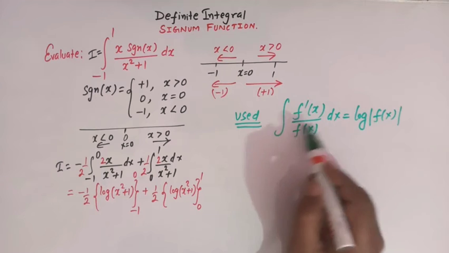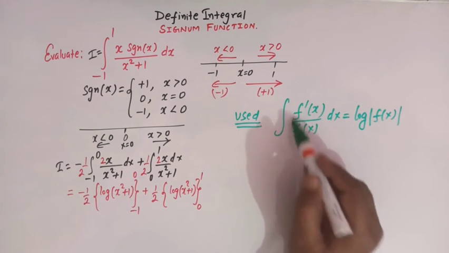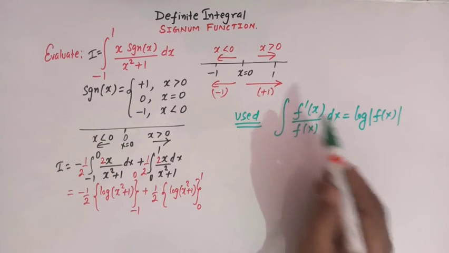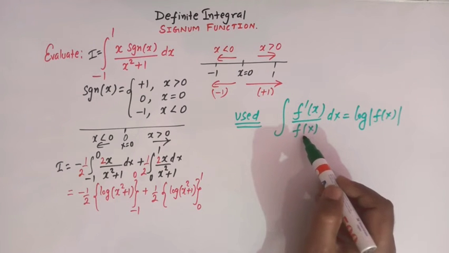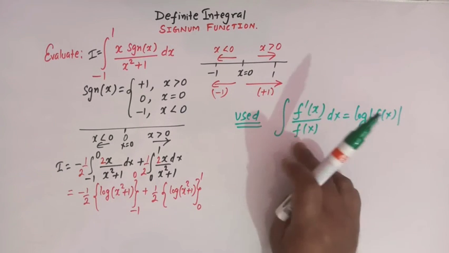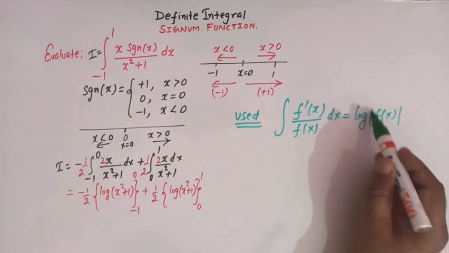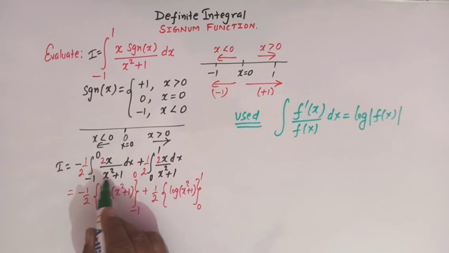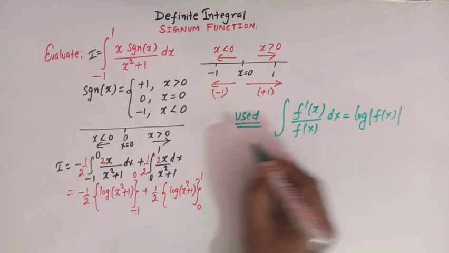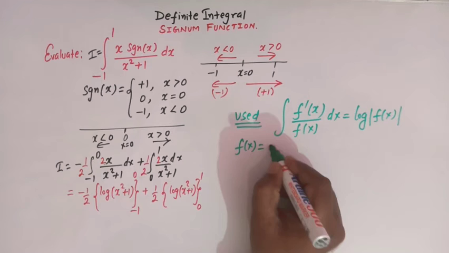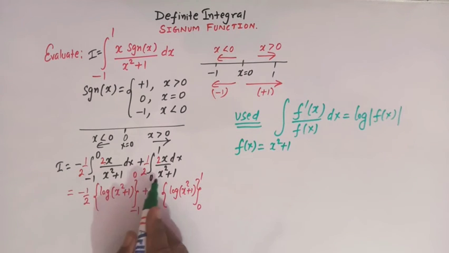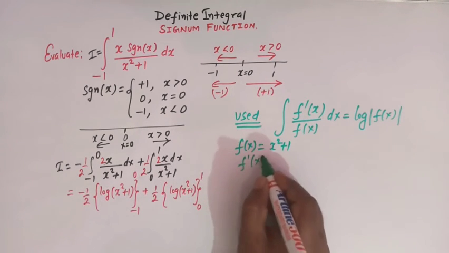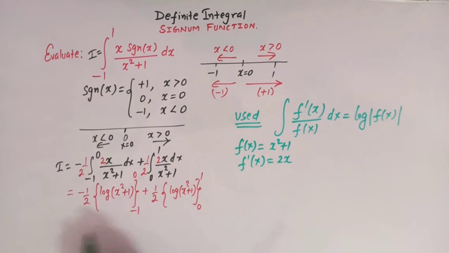So if we have our integrand in this form, that is the numerator is the derivative of the denominator, then we can write the direct integration, so log of f of x, right? So here f of x is x square plus 1 in this case, and f prime of x is 2x, right? Okay, so now we can substitute the limits and take the difference.